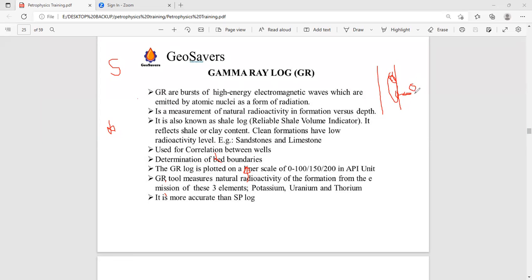The gamma ray collides with particles within the formation. As it collides with particles, part of the gamma ray is deflected. If one goes in this direction, it is deflected to the receiver. If it goes like that, it's deflected to the receiver. So the more particles we have within the formation, the more deflection we are going to have.